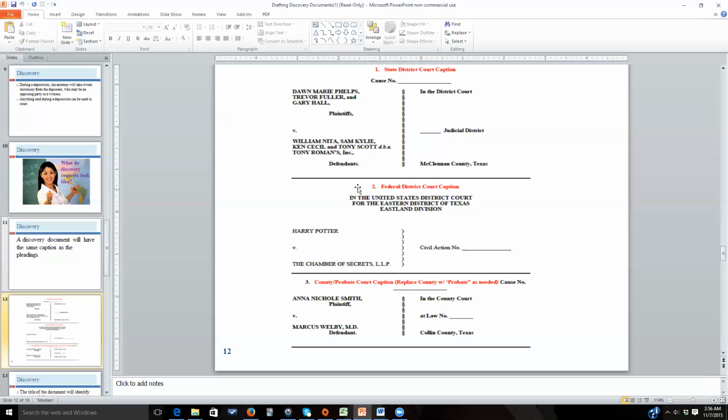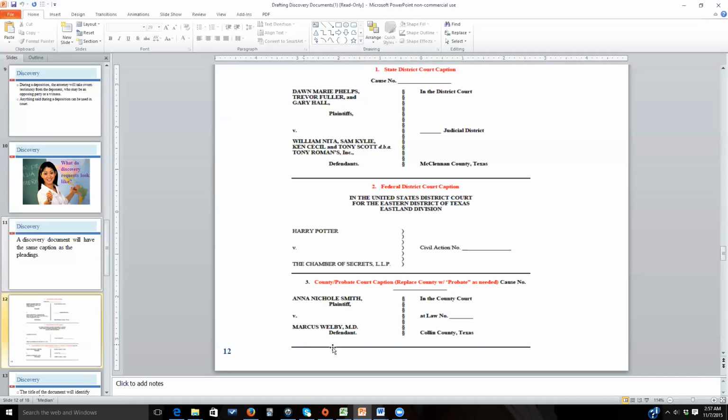So you're kind of flip-flopping this information with the case number between state and federal court. And again, you have the style over here. This isn't the best presentation because after Potter you should have a comma and you should have plaintiff, comma, and then the Chamber of Secrets, LLP, comma, and then have defendant, period, after that.